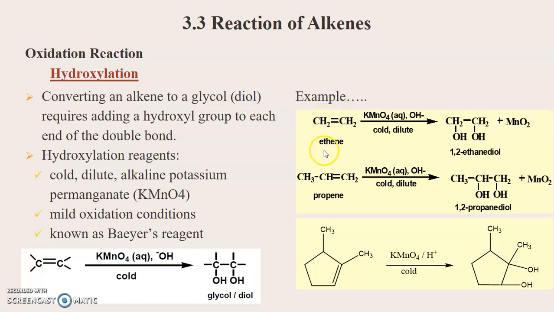This is an example: ethene reacts with aqueous potassium permanganate, an oxidation reagent, so we get 1,2-ethanediol. Propene reacts with this reagent, Baeyer's reagent, to get 1,2-propanediol. And this one is the same: add the OH here and here.